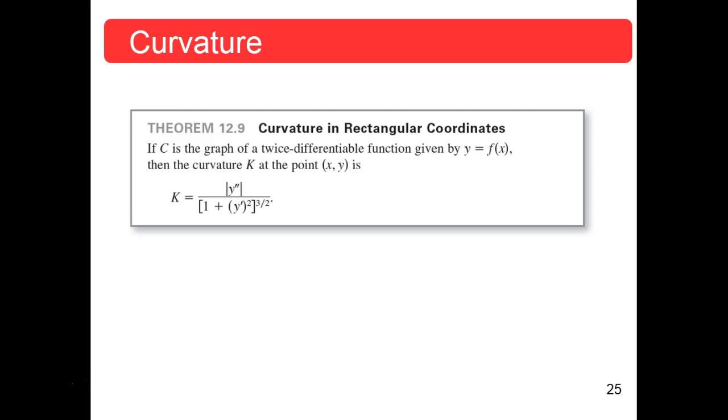Now you're going to take that and cube it, which is what we did earlier, and that divides into the magnitude of r double prime. I can't think of any easy way to remember it. Just, there it is. Okay. But notice there's no vectors involved with this. And yet you can talk about curvature. They do have the proof there that you can follow through, and it's probably not all that terribly hard to do.